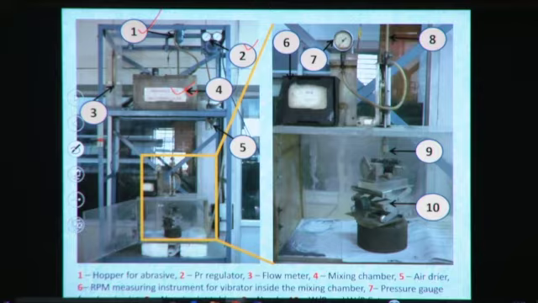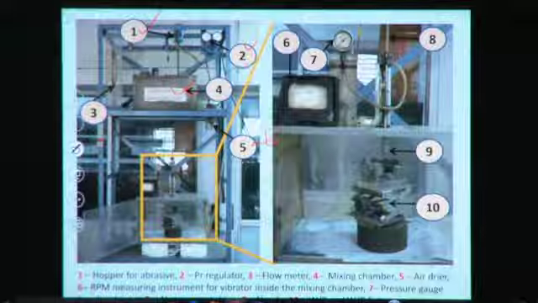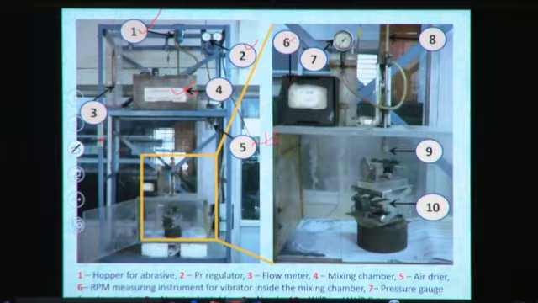Then 5 is the air dryer, to remove the moisture from the compressed air, and 6 is the RPM measuring instrument for the vibrator inside the mixing chamber.